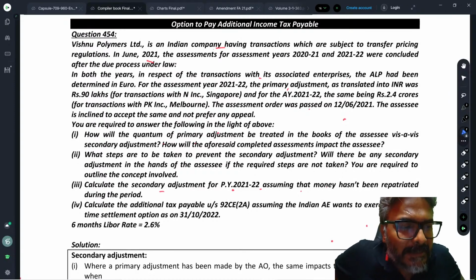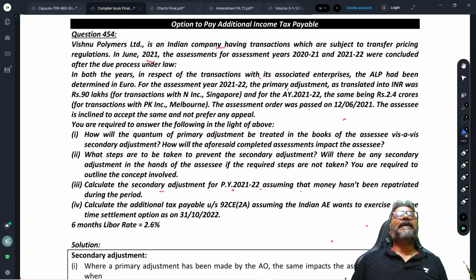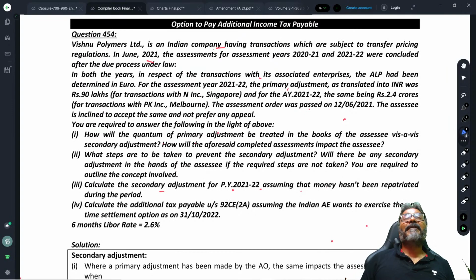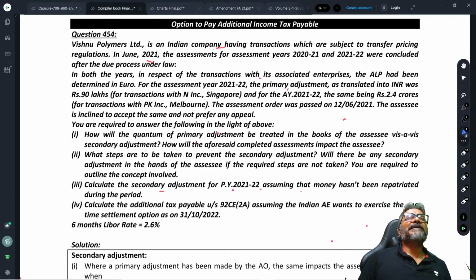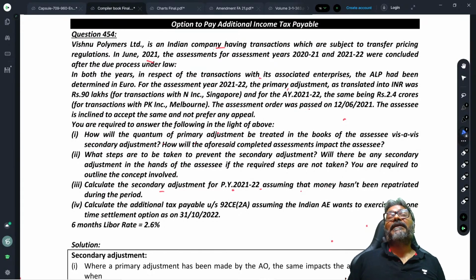If your primary adjustment, which is the ALP minus the transfer price, is more than rupees 1 crore, then you will definitely add back that difference amount as a part of the total income of the Indian AE, on which you will ask for the additional tax liability.